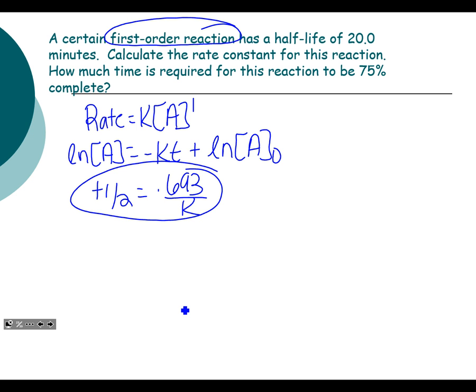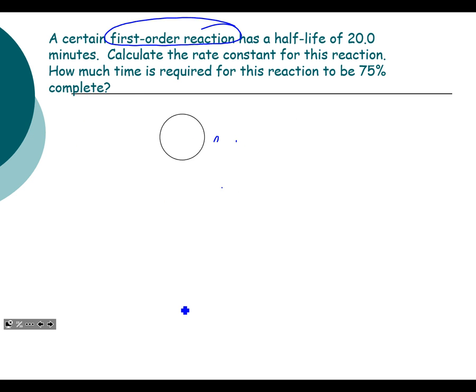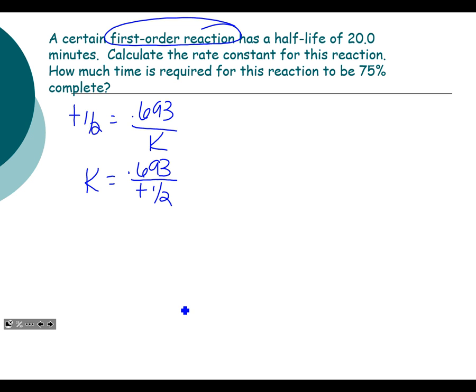I'm going to erase to make a little more space. t1/2 is 0.693 divided by K. I need to figure out what K is, so I'm going to flip-flop: K is 0.693 divided by t1/2, which is 0.693 divided by 20 minutes. And that gives me a value of K which equals 0.0347 inverse minutes, because minutes is on the bottom. So now I have my K value.